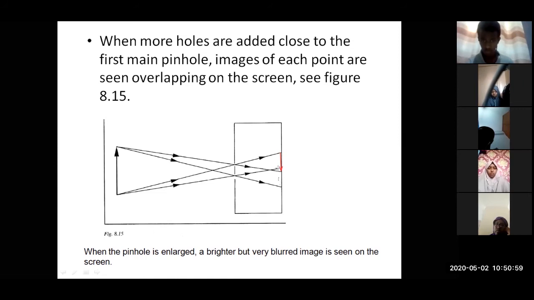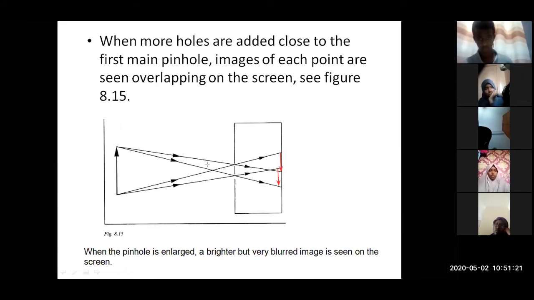There is another image here. You can see each pinhole, this first hole, it forms that image. Then this second hole forms another image. You can see the images overlap. This image has gone up to here and the other one starts exactly from there. So they are overlapping.